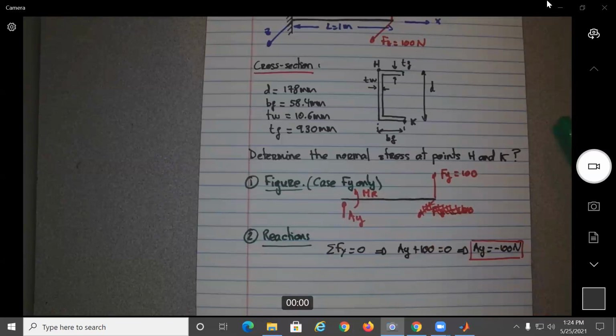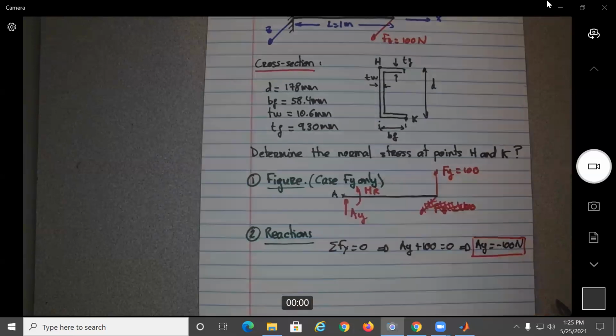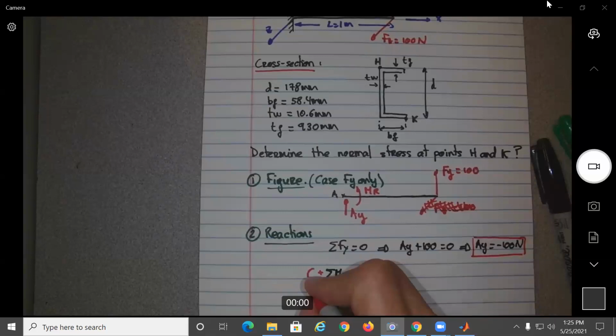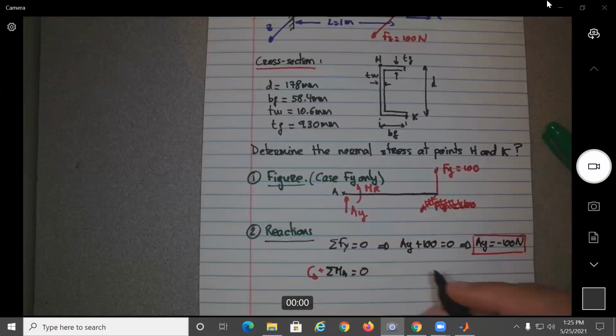And to find the moment, we can take the moments about point A. And you will find out that M sub r plus Fy times L equal to 0, which will give you that Mr is equal to minus 100.